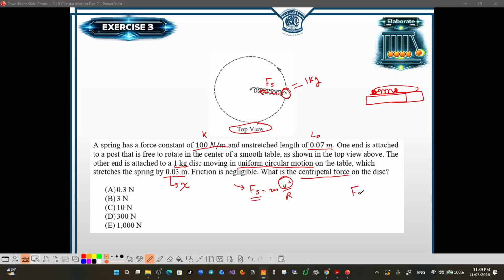We know that Fs is in general written as k times x, so there is no need to use Newton's second law, since we have direct access to k and x in this scenario. So k is 100 and x is 0.03. Make sure that all of these given data are expressed in SI units, and yes, 100 newtons per meter is the SI unit of k, and 0.03 is the SI unit of x. The final answer will be 3 newtons. So the centripetal force is 3 newtons.